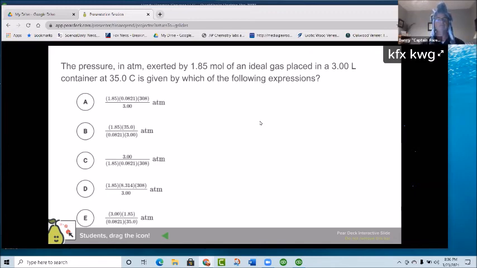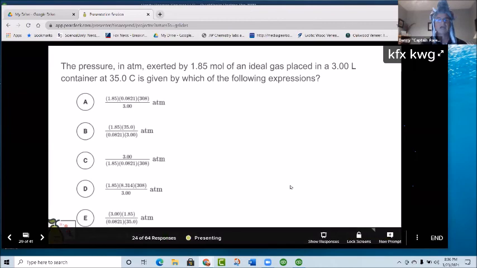So the moles would be 1.85. The R, because it's in atmospheres, would be 0.0821 or 0.08206 now. This is an older question. And the temperature couldn't be 35. The temperature would have to be in Kelvin, so you'd have to add 273 to 35. And that's where they're getting that 308. So you just want to pick the one that gives you the best setup.